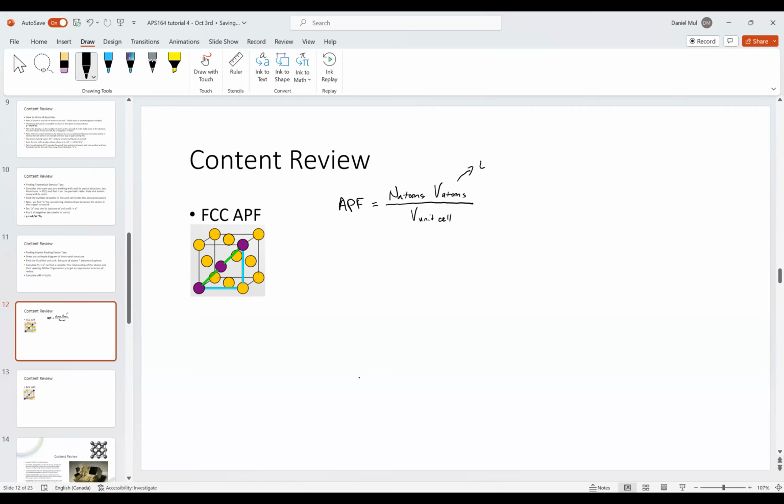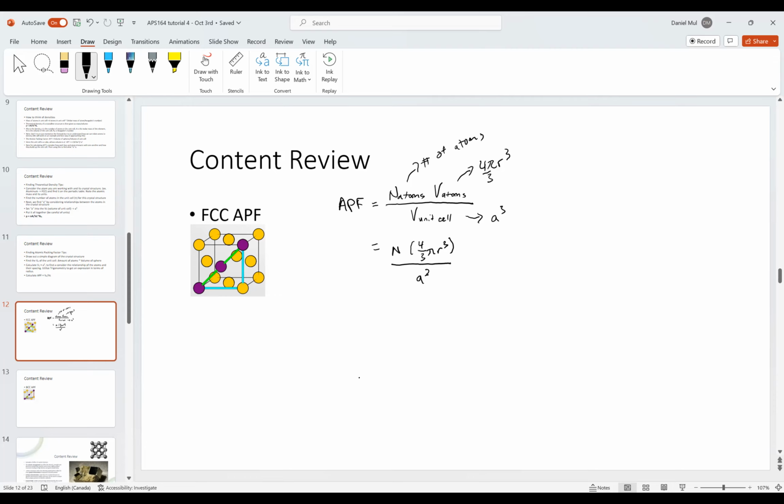So this would be your 4/3 pi r cubed, which is the volume, this would be the number of atoms, and this is your a cubed. In order to cancel out r, we have to figure out, based on this crystal structure, how a relates to r, so then we can get some sort of percentage or ratio, right?